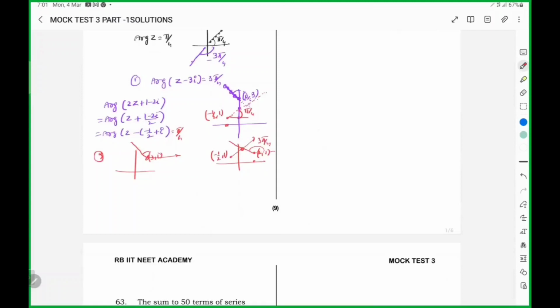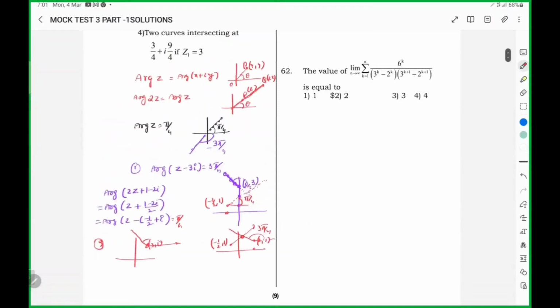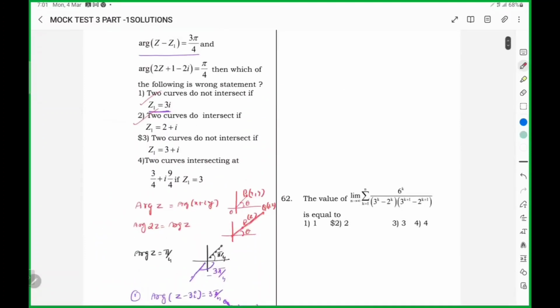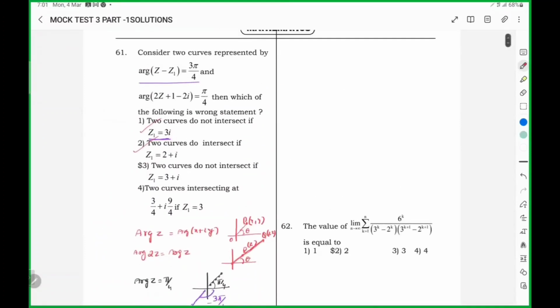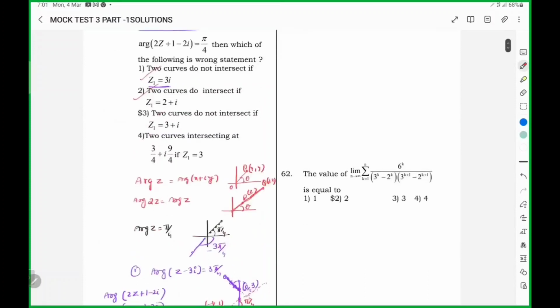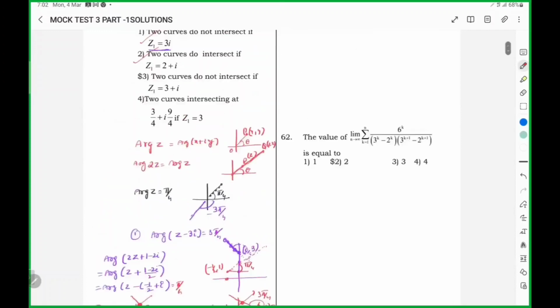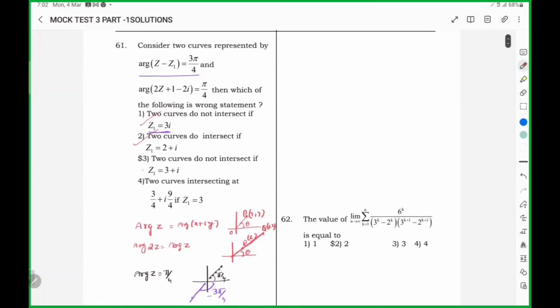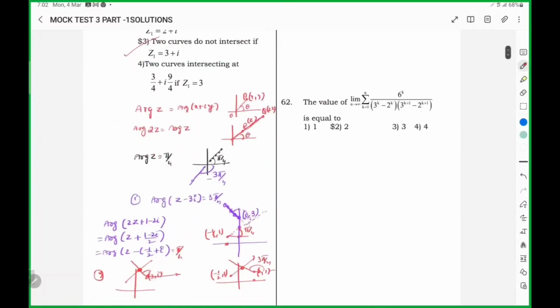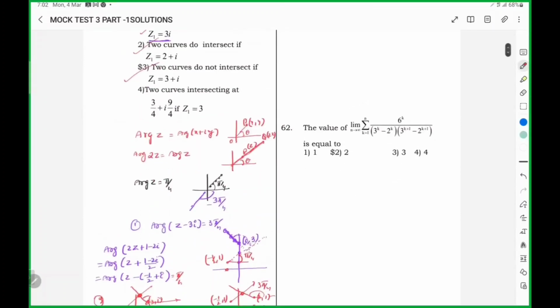So here 3, 1 and this one pi by 4. Definitely they intersect. So do not intersect is a wrong answer because they intersect. Right.